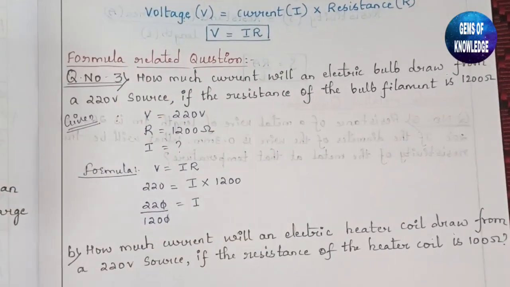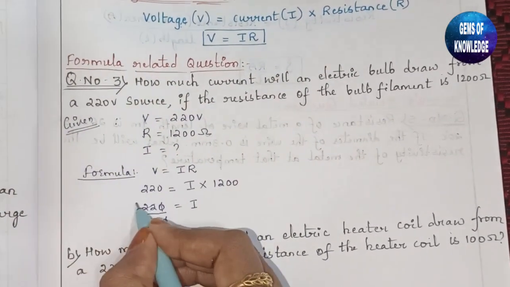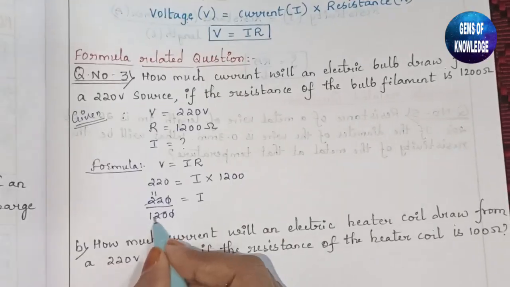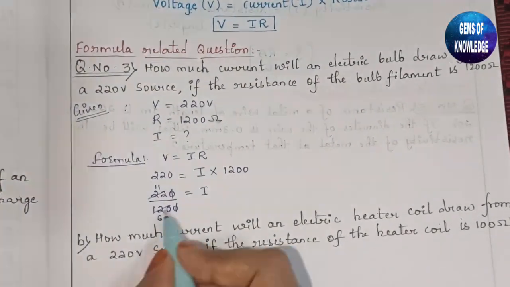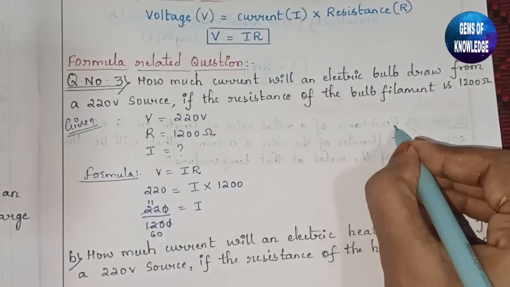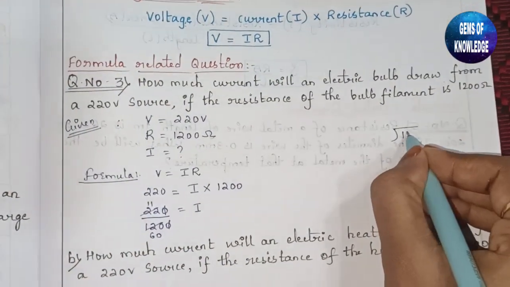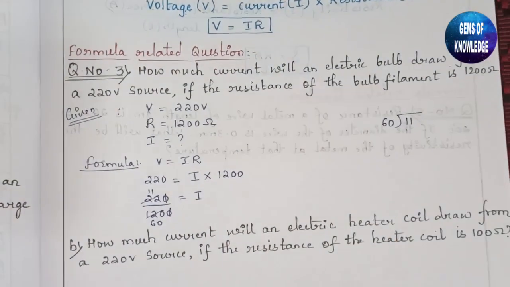Zero and zero cancel. Now we need to divide 22 by 120, which gives 11 inside and 60.